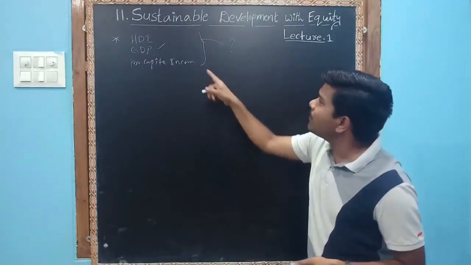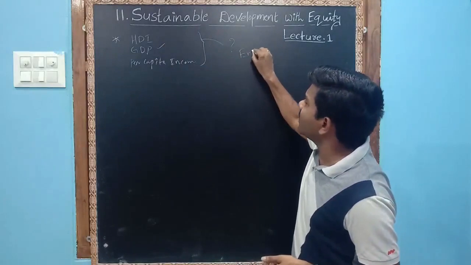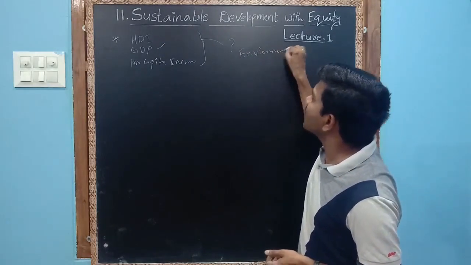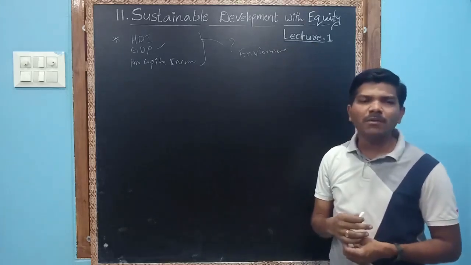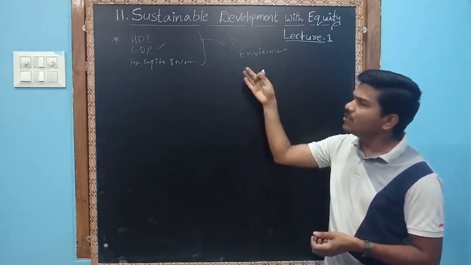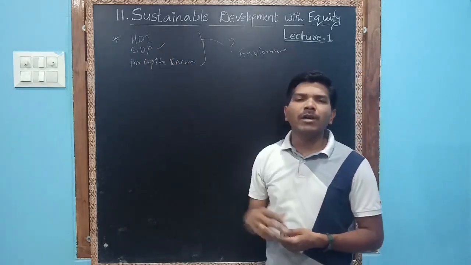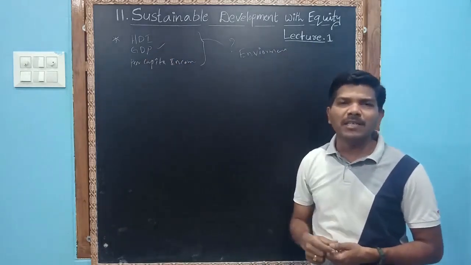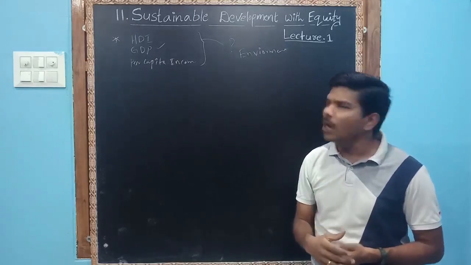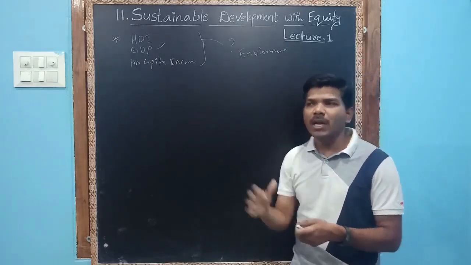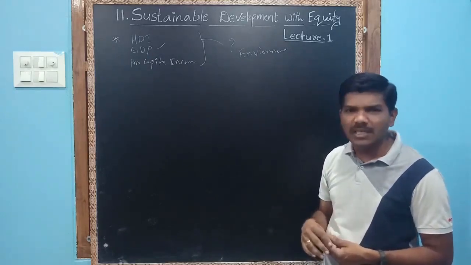GDP is increasing because of the environment. What is the link between the environment and GDP? The majority of the products we get are from the primary sector. From the primary sector onwards, many products are transformed into different stages.